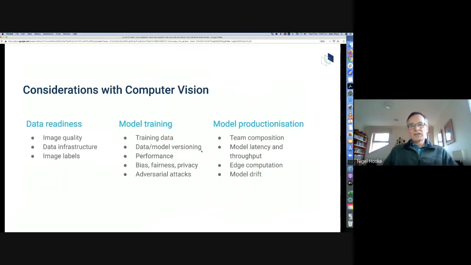So when doing a project with computer vision, there's a number of stages you go through, each presenting their own challenges that you have to pay particular attention to. So initially, if you're building a solution that requires custom models of any kind, where you want to teach the model about the particular kind of images that you're interested in, then you have to have a collection of images of the right kind, showing the thing that you're interested in.